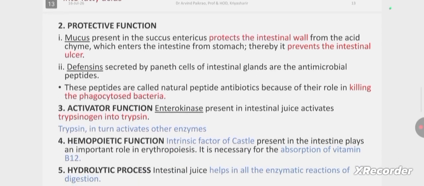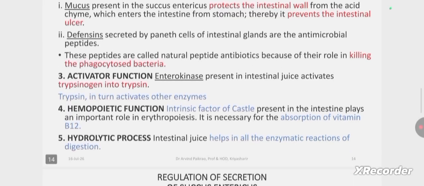Next is the protective function. It has two protective functions. One is secretion of mucus, which helps to make the intestinal level alkaline, and it also prevents ulcers. Ulcers are prevented by the mucous membrane.